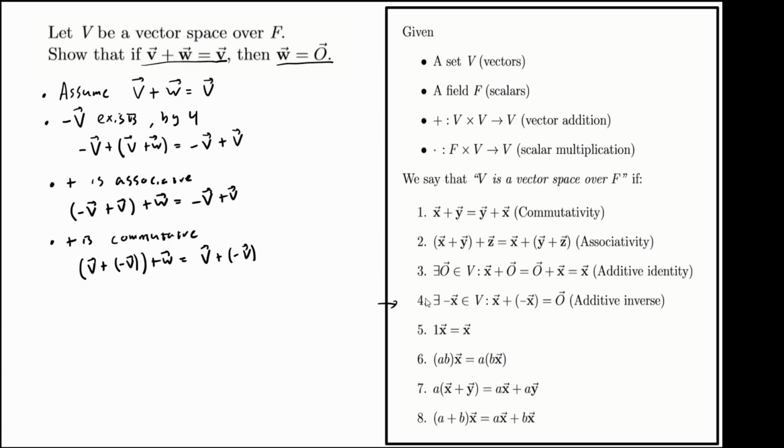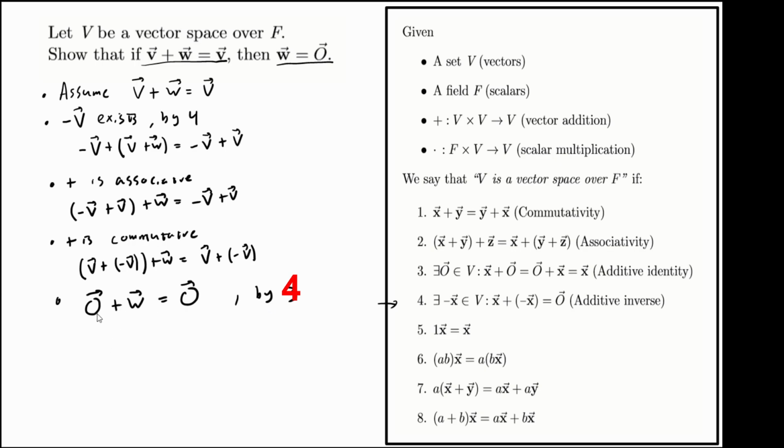Now I'm going to use the definition of the additive inverse. This gives me that this is going to be the zero vector plus W is equal to the zero vector. Right, and that's just the definition of the additive inverse.